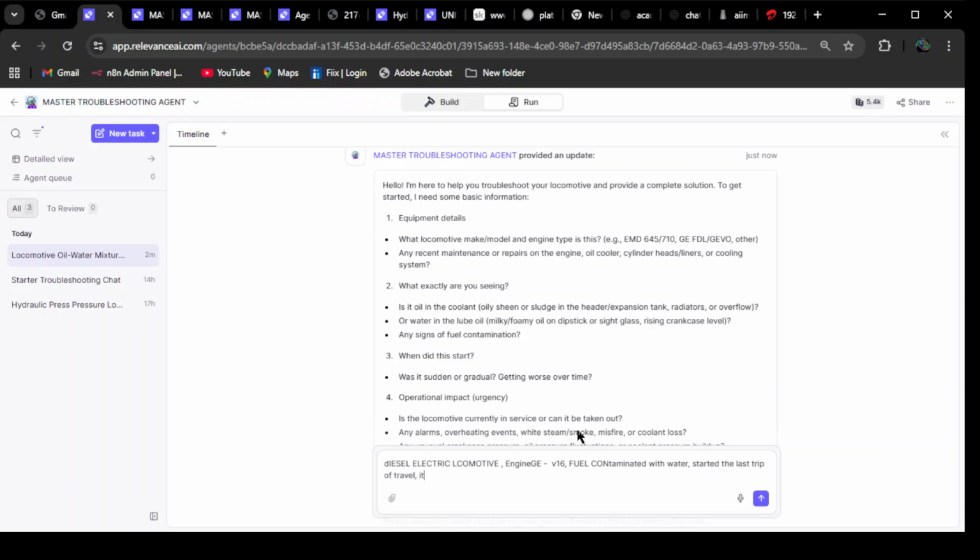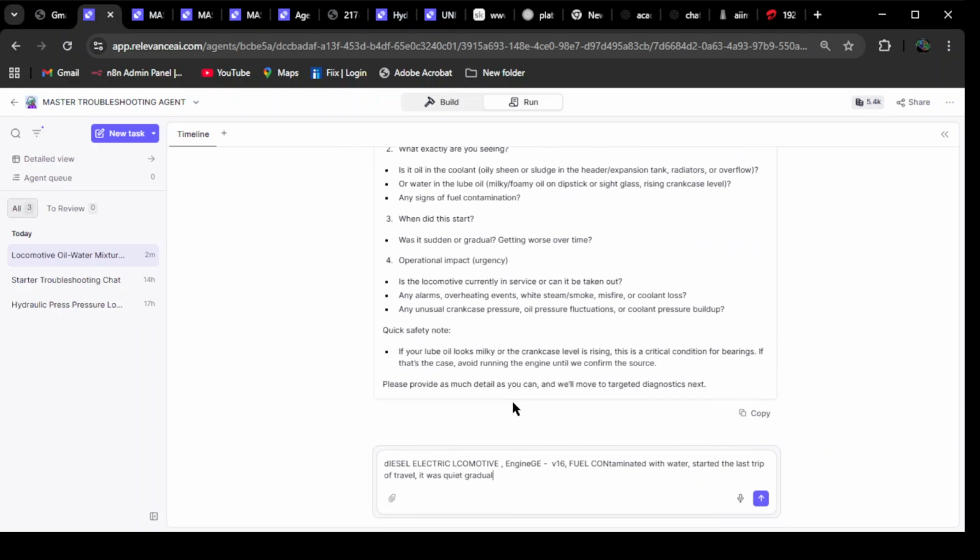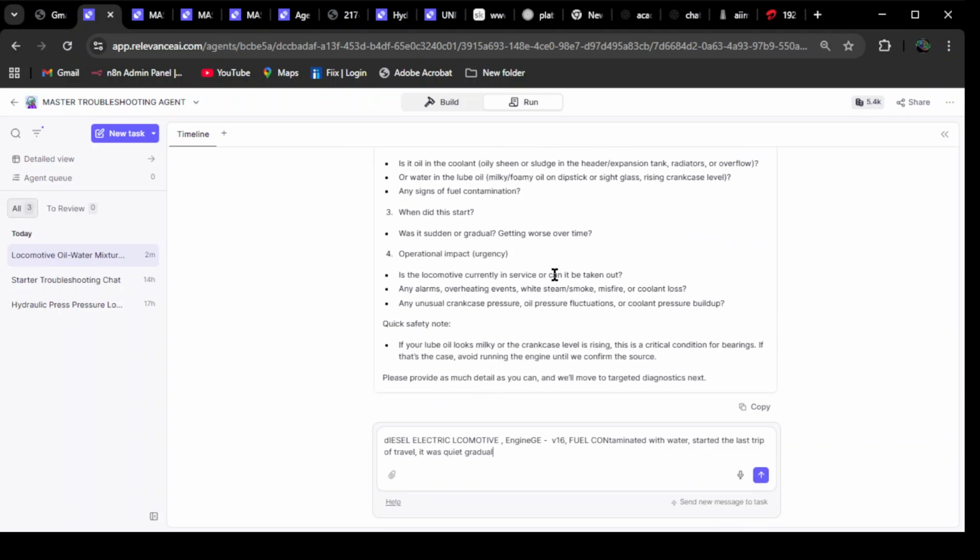So it was quite gradual. Was it sudden or gradual? So I answered that. Is the locomotive currently in service or can it be taken out? Currently in service. Currently doing its DTRS service.